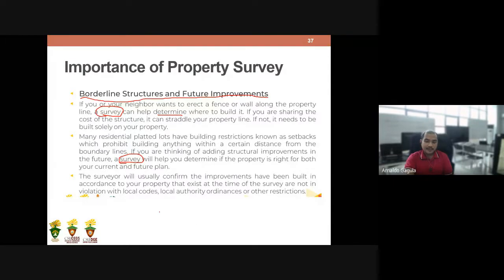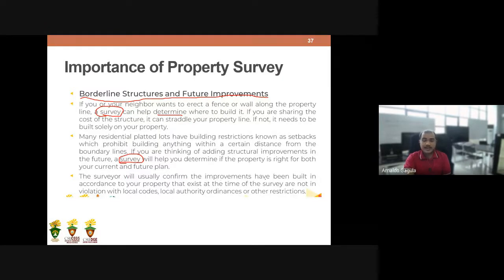May nga mga undertakings. The surveyor will usually confirm the improvements you have built in accordance to your property that exist at the time of the survey are not in violation of local codes, local authority ordinances, or other restrictions. Especially in kanang imong area is dool sa kanang airport, no?